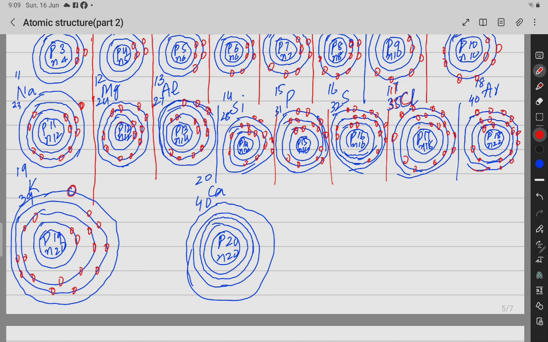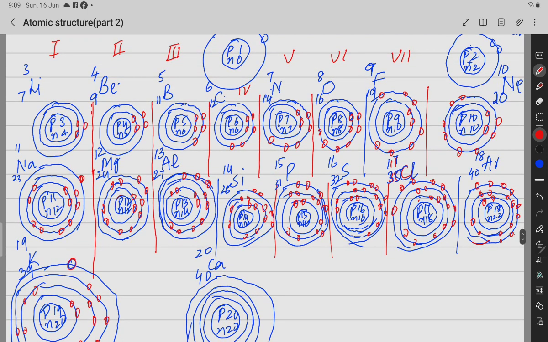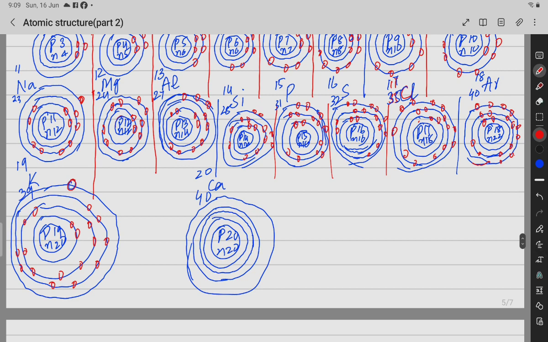Sorry for the diagrams. First shell has 2 electrons, second has 8, third again 8, and fourth shell has 2 electrons because it is present in group 2.